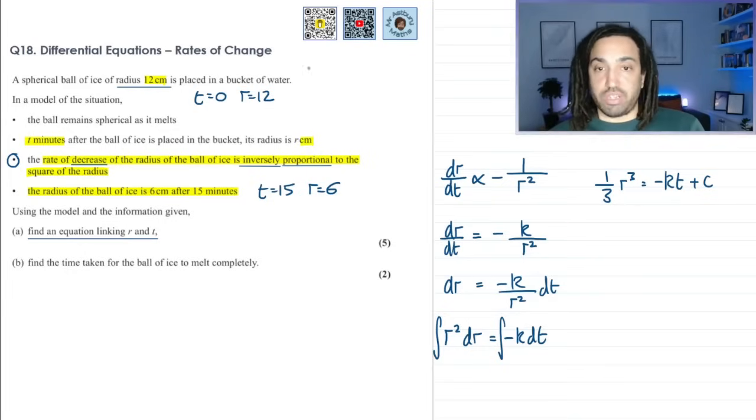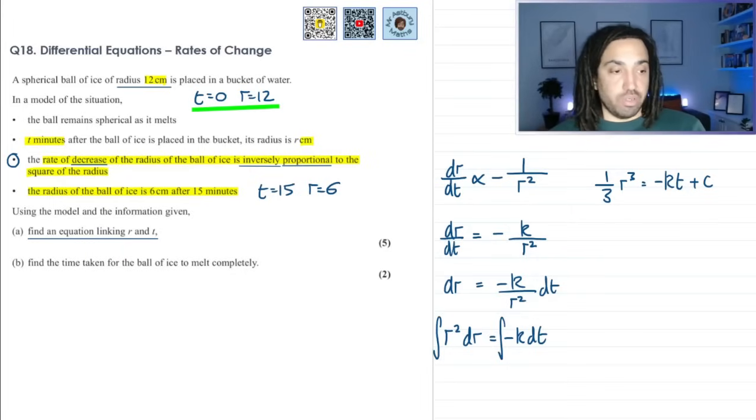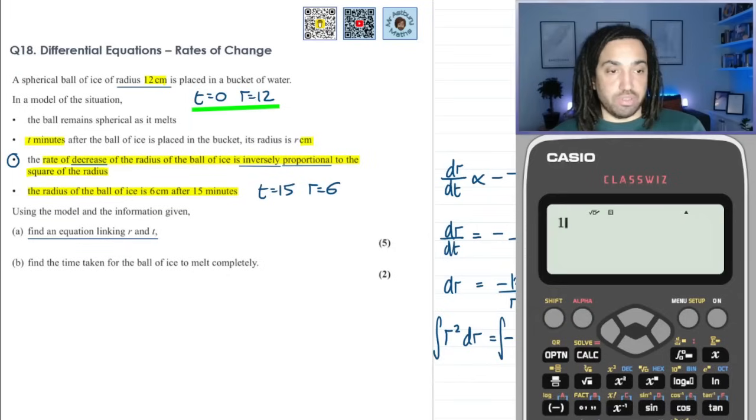Okay, let's start with the easier one, because t is 0. Let's sub that in. So r is equal to 12. 12 cubed, I don't know off the top of my head. It's a bit embarrassing. But that's what the calculator's for, after all. 1728.